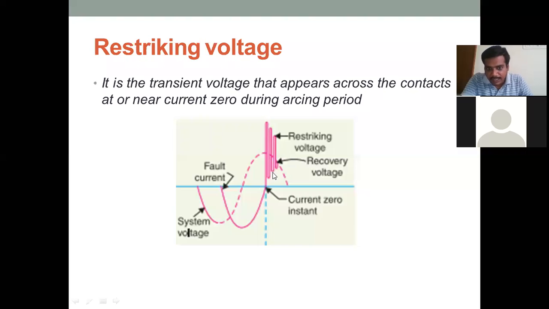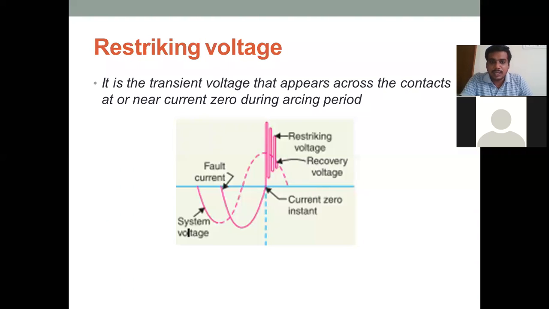This highest peak voltage is called the restriking voltage, and after that it will recover and again come back to the sinusoidal voltage, completing one cycle. This voltage which comes back to the normal sinusoidal after the transient period is called the recovery voltage.